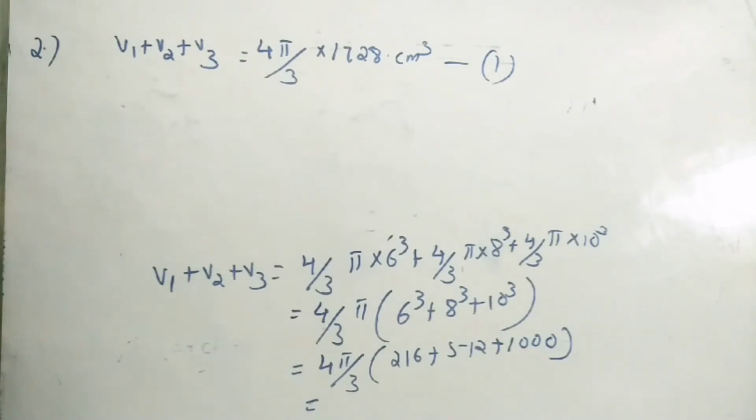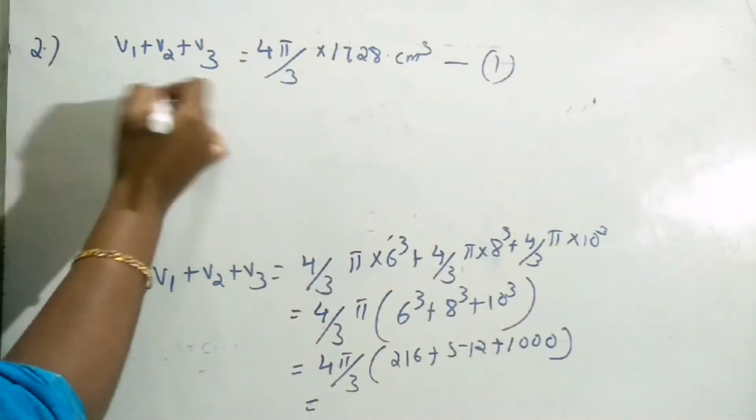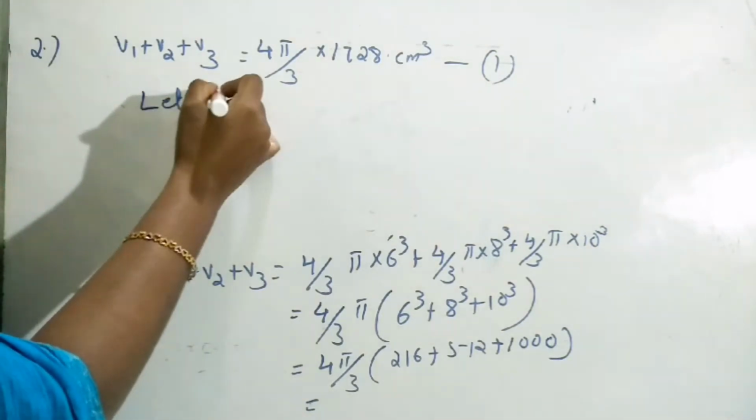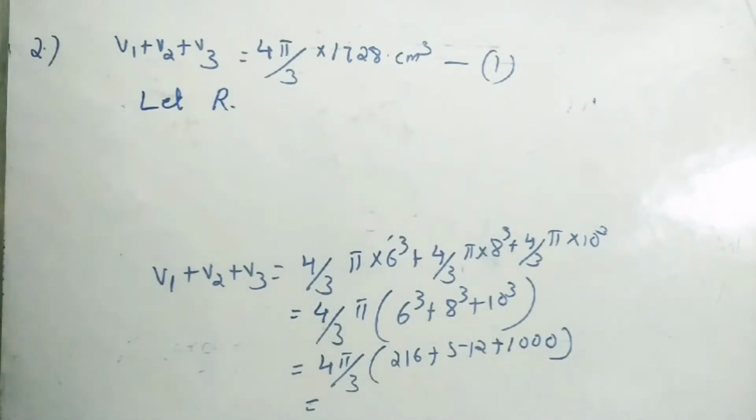Now we need to find out the radius of the sphere after conversion. Let capital R be the radius of the resulting sphere.